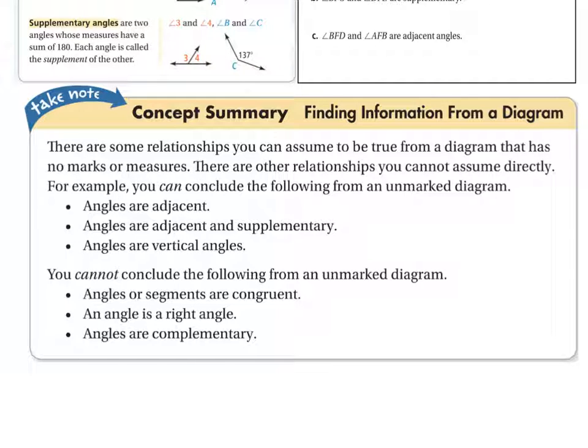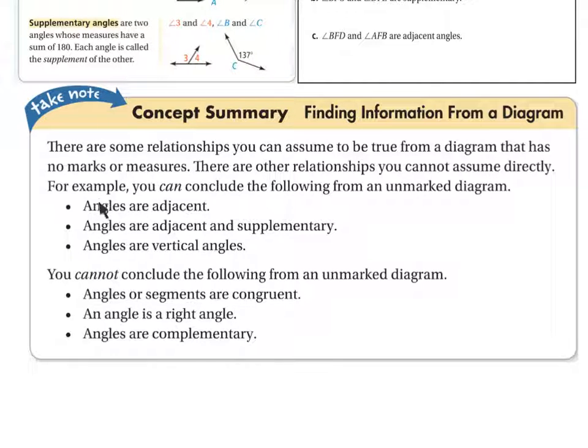So it says here there are some relationships that you can assume to be true from a diagram that has no marks or measures. There are other relationships you cannot assume directly. For example, you can conclude the following from an unmarked diagram. If a diagram is not marked, these are things that you can say by looking at it that you know are true.